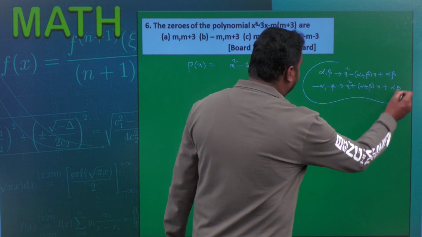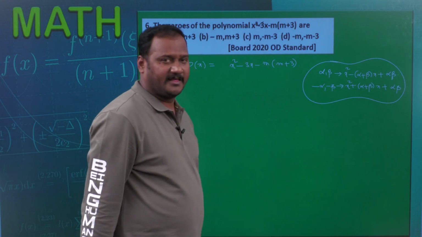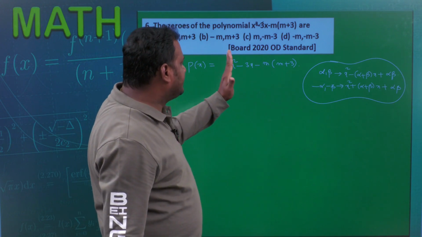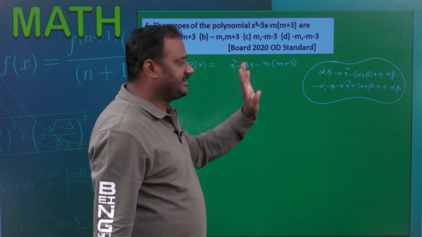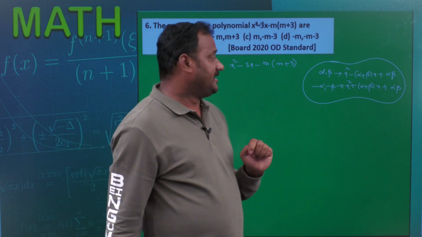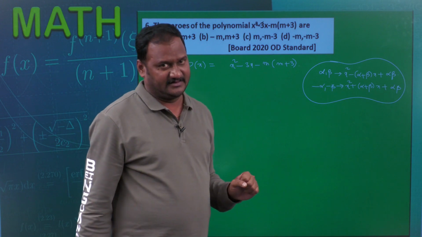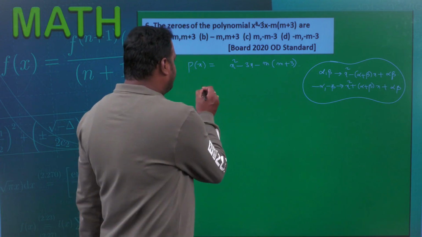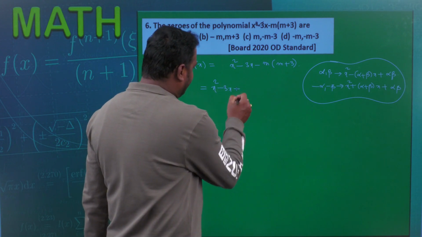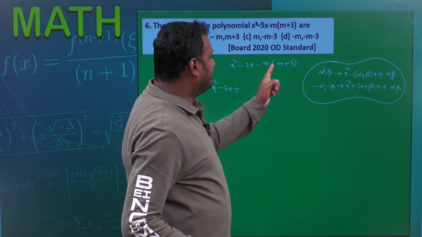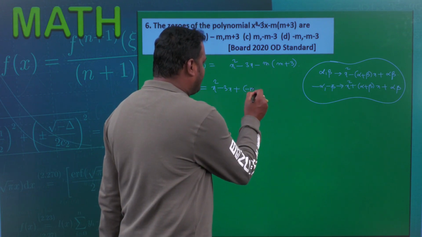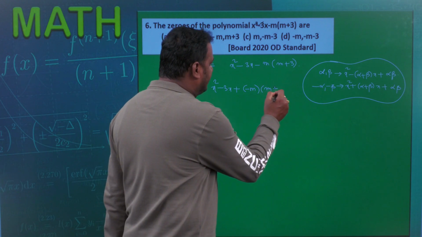So keeping this in mind, irrespective of the sign of the second term, I am going to the sign of the third term. The sign of the third term in both of them is positive, but in our problem it is negative. Got it? So I am going to write this as x square minus 3x plus, I will give that minus to m, so minus m into m plus 3.